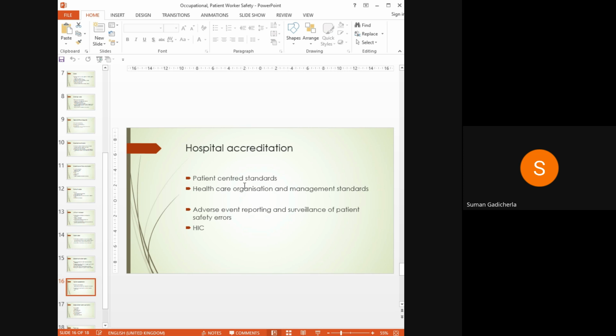For a lab, we call it NABL, National Accreditation Board for Laboratories, and for hospitals, National Accreditation Board for Hospitals. They have set some standards, and according to these standards, they compare how your lab or hospital is performing.